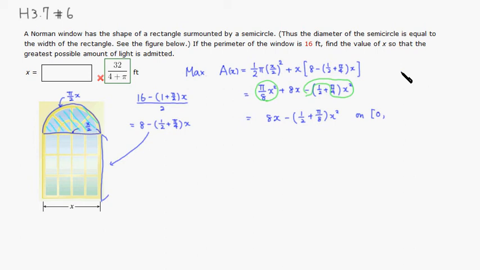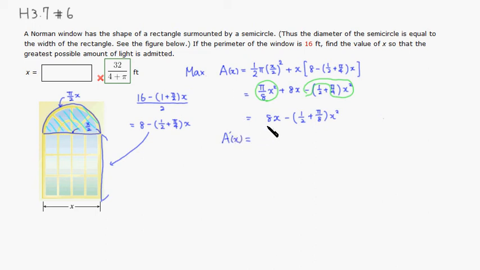The biggest would be something like you have no side, and then maybe you have just a top disk. It's actually quite hard to find the x value on that, so I'm going to erase this. I'm not going to worry too much about the bounded interval here, and I'm just going to find the critical number and see if that gives us the maximum.